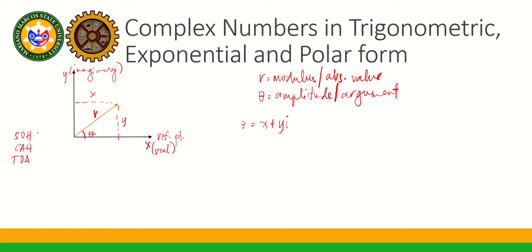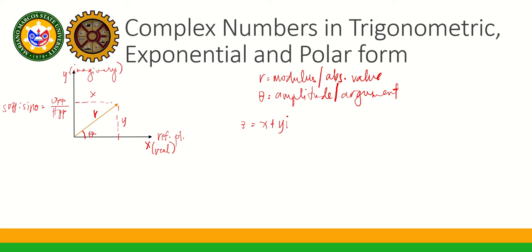So, SOHCAHTOA means sine theta is equal to opposite over hypotenuse. Yung opposite na yan is, for example, this one, this is the angle. Dito mo measure yung angle. Yung opposite niya will be y and yung hypotenuse is r.